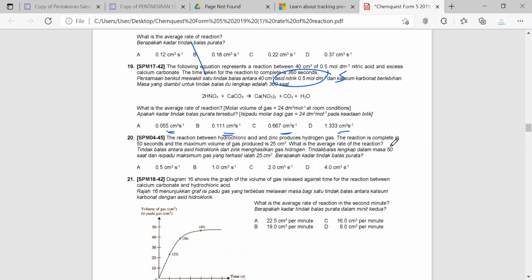What volume am I calculating? They gave you the equation here already. They said 40 and then 0.5 mole per decimeter cube nitric acid reacted with my calcium carbonate. The time taken is 360. What's my average rate of reaction?